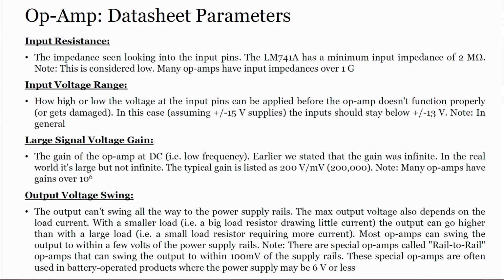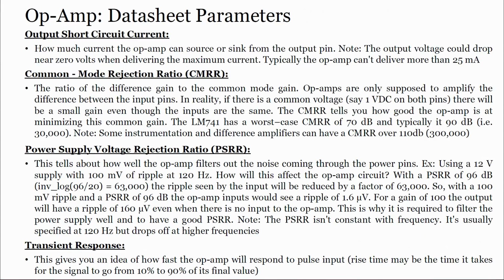So, if it is plus minus 15 volts, it can go to 14.9 volts. These special op amps are used in battery products where the power supply may be 6 volts or less. So, we have to see how much voltage we are applying.